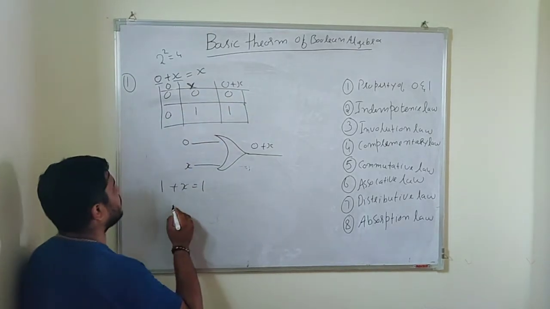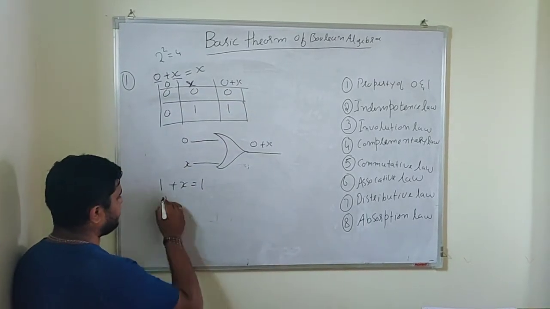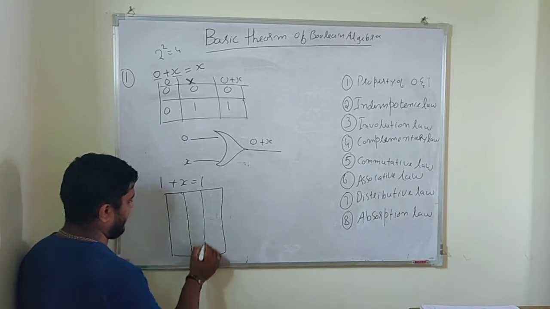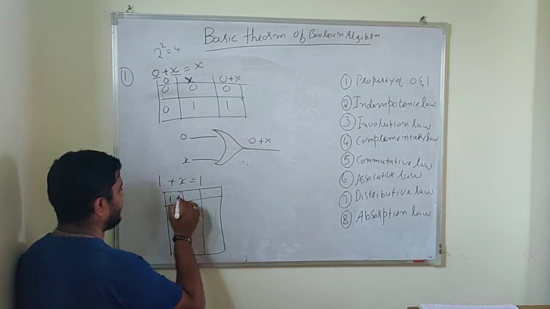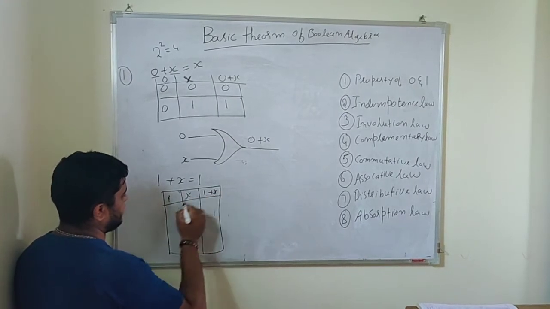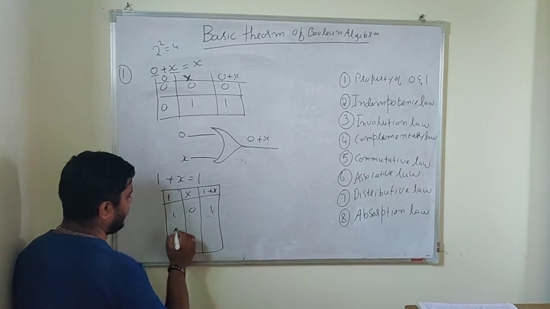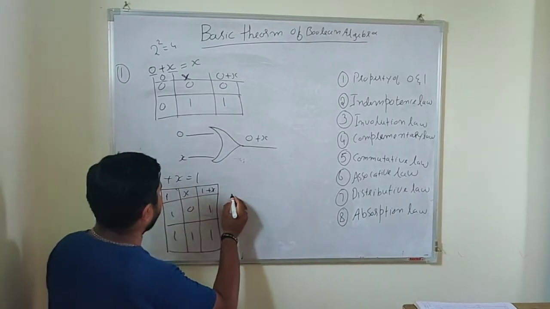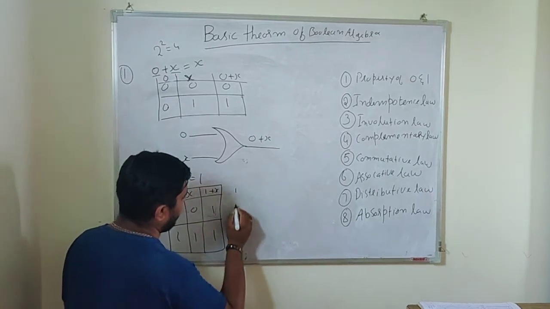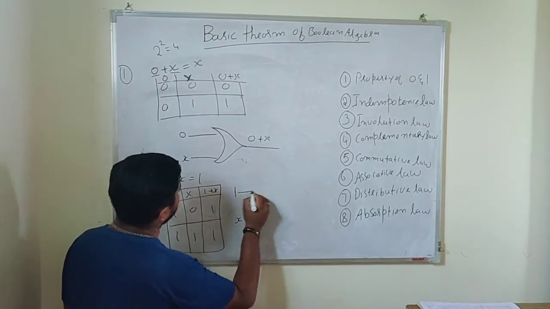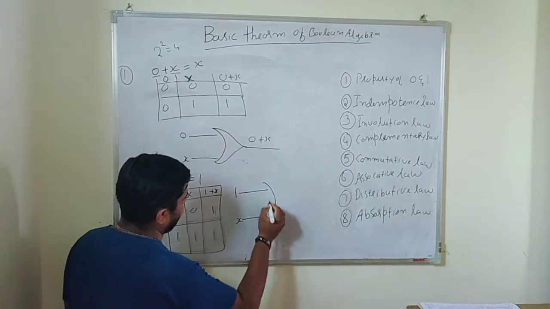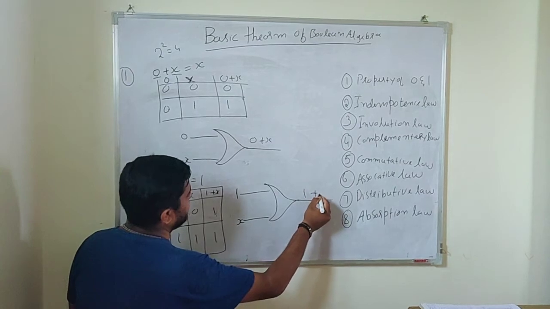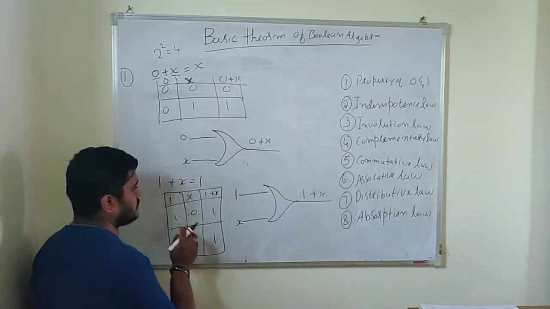So now you can see over here the truth table. 1 and x, 1 plus x. So 1, 0, 1. 1 and 1 means it is equal to 1. So for the logical gate, I am going to represent the logical gate. 1 and x. So you get 1 plus x.